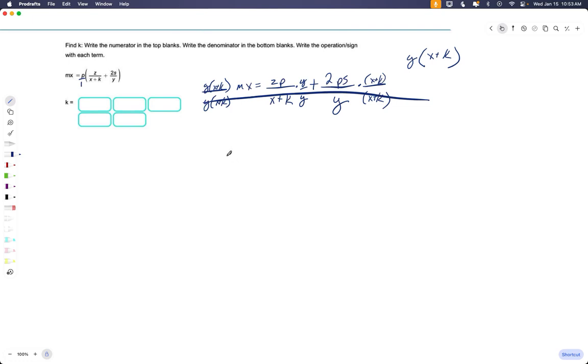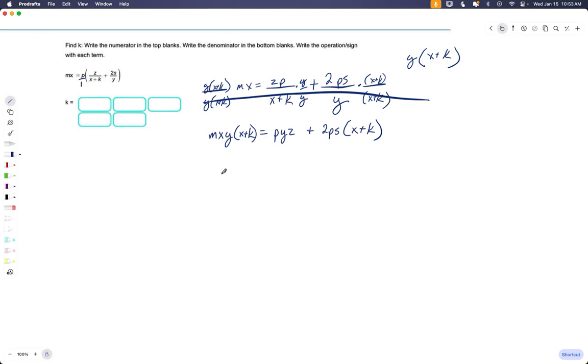So what I have is mxy times x plus k is equal to zpy, or pyz actually, and 2ps times x plus k.